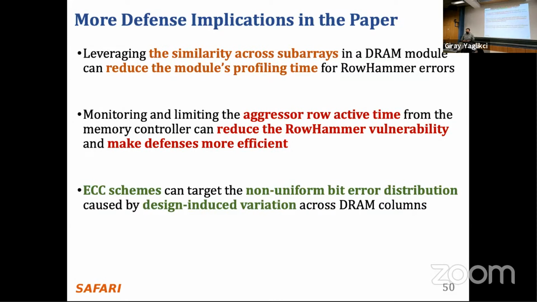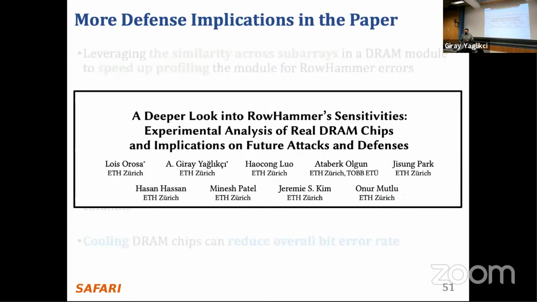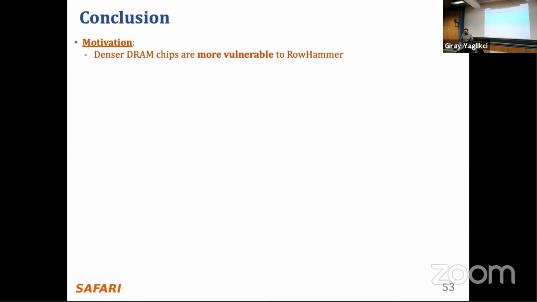And another option is ECC schemes that can target the non-uniform bit error distribution caused by design-induced variations across DRAM columns. And as the last defense improvement, we can suggest cooling DRAM chips because it has some general trend of reducing RowHammer vulnerability. And you can refer to the paper for more details.